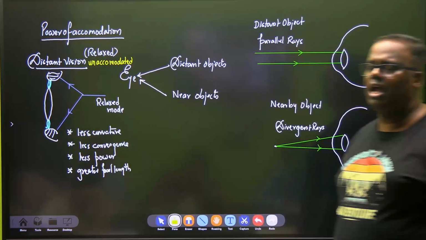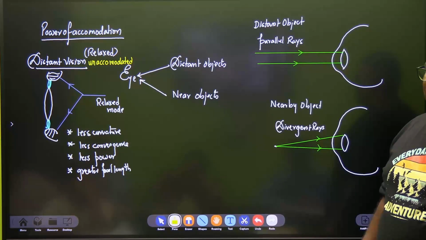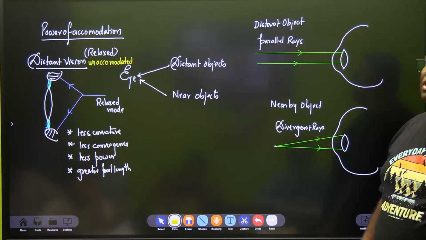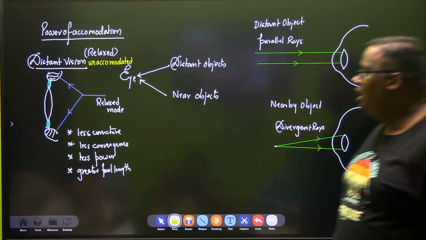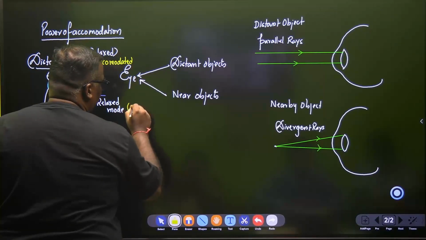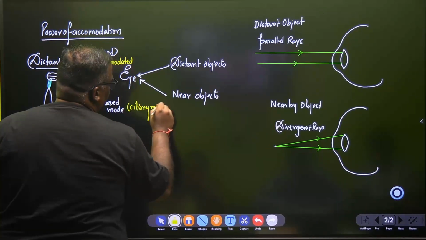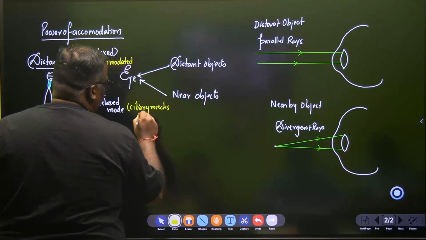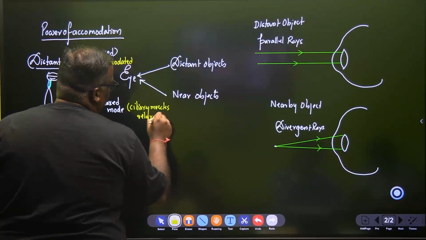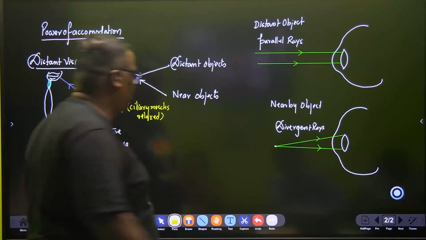Your eyes are in the most convenient manner that they can be. In other words, there is no strain on your eye. As I told you, this will always be on the basis of the ciliary muscles. The ciliary muscles are relaxed, no strain, unaccommodated. Is this clear? All of this has to be clear, otherwise you will get it wrong.